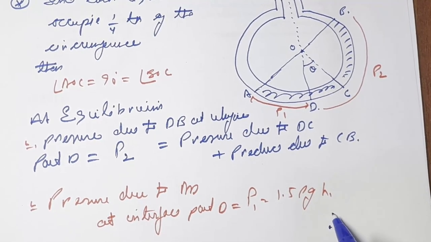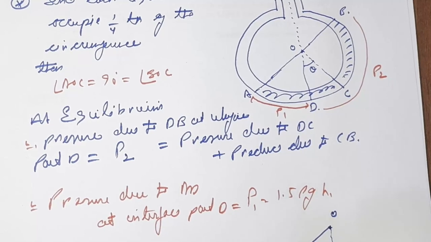So with this, we have this center as O, and this is point A, and this is point D. So this is the height of the liquid above the point D. Let us call this H1.